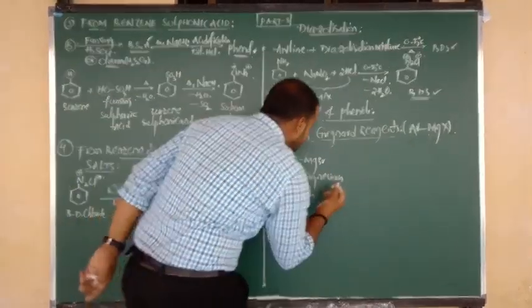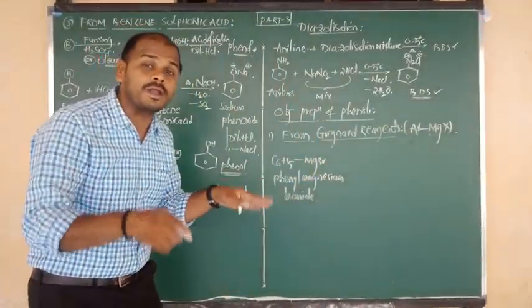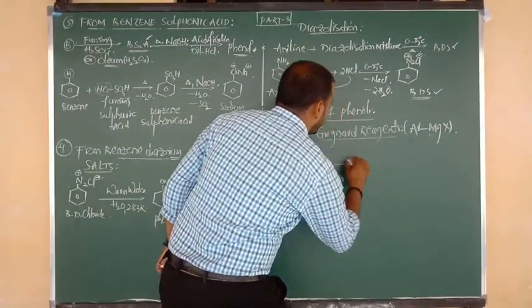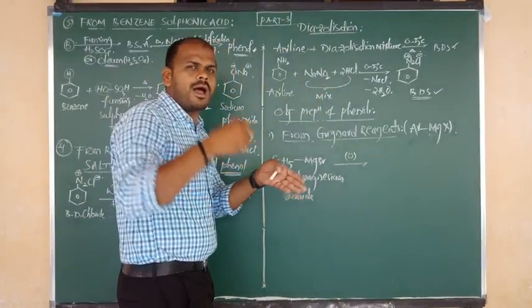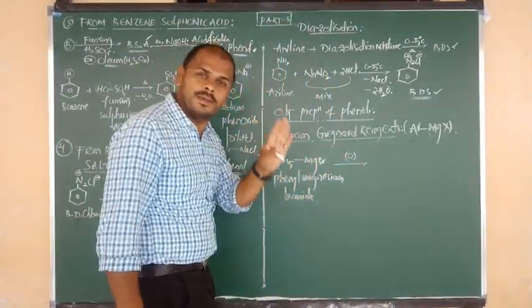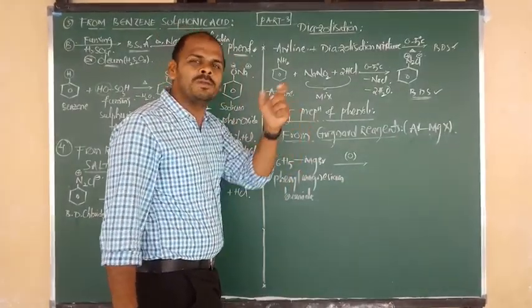So what is the name of this reactant here? Phenyl magnesium bromide. It undergoes first of all oxidation. Insertion or addition of free oxygen takes place in presence of air and in presence of a suitable catalyst.